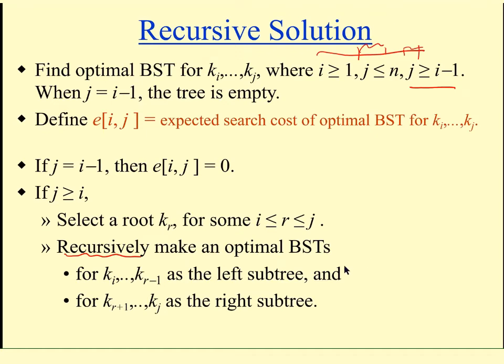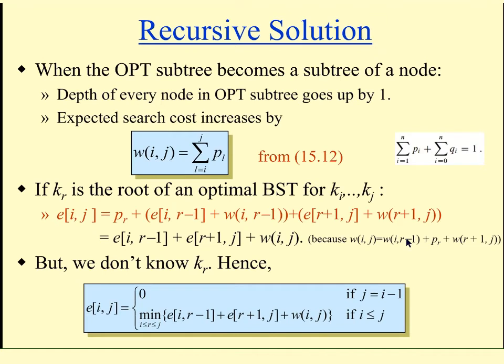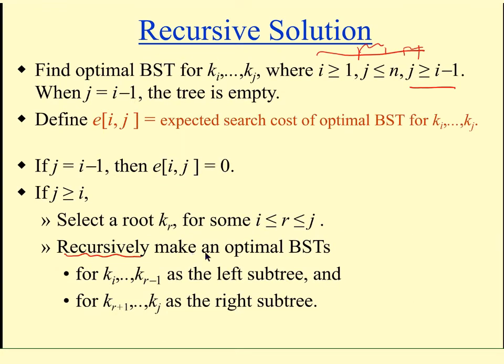Let's look next at how to write the equations for the EIJ. Here we just want to find that recursive equation. Based on the previous slide, we already know how to get that solution. You choose any root and solve the left and the right. Once you get the left and right, you need to compose them to calculate the EIJ. How do you use the answers for this one and this one to get the answer for EIJ?